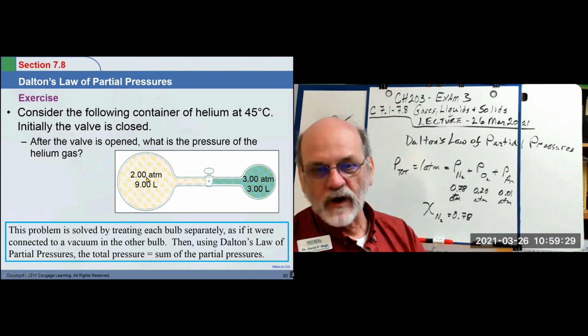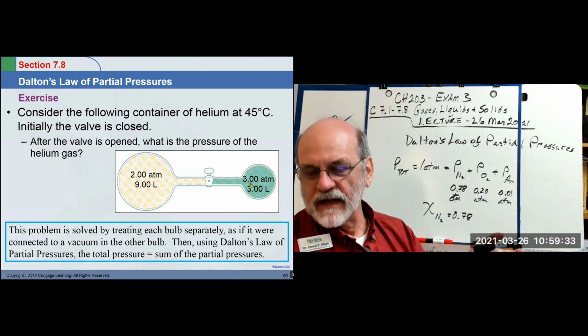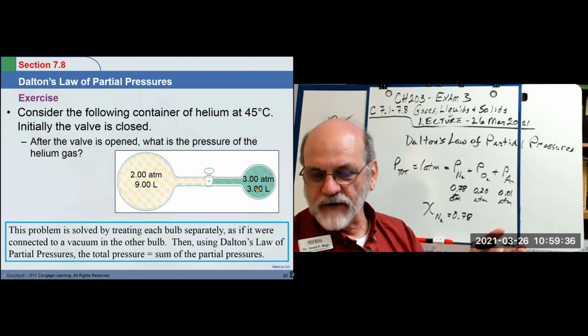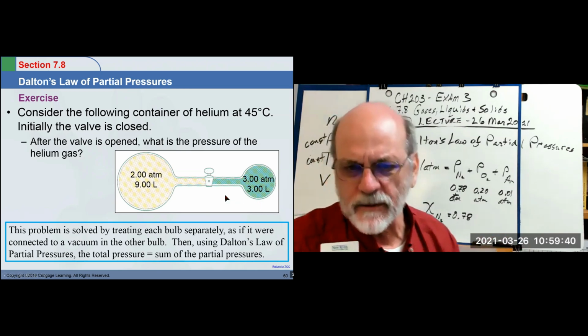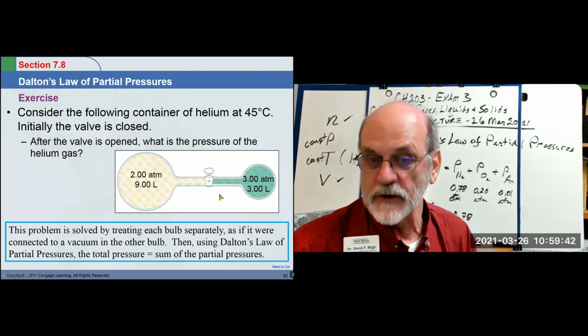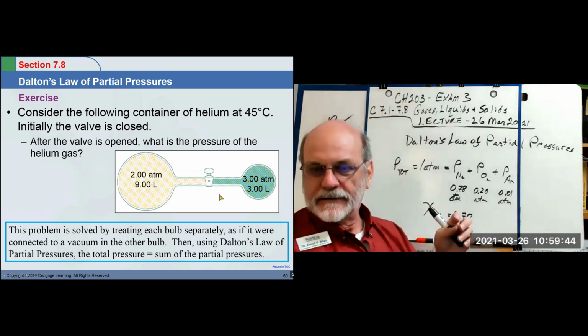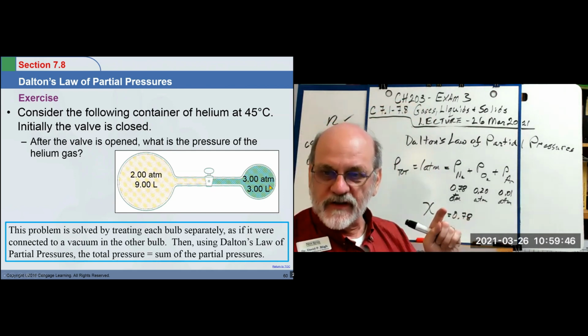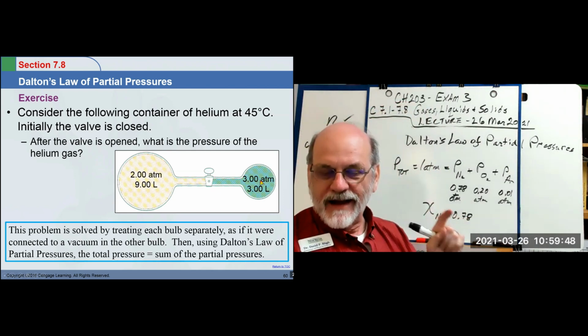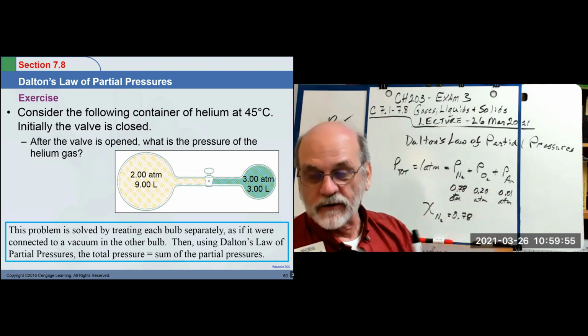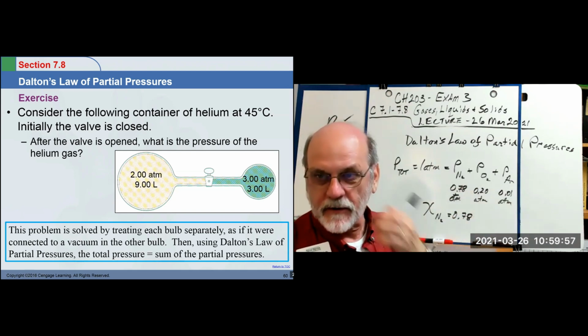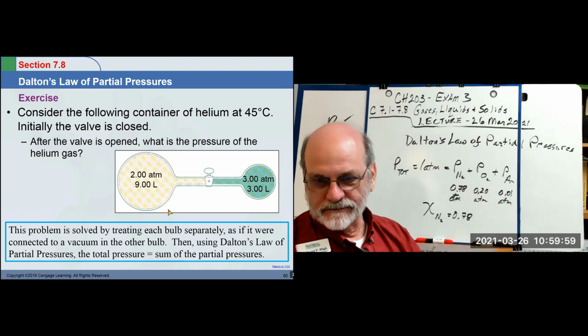Then you say, well, what if this is a vacuum? Open the valve, and this one goes from this volume to a total volume, right? And what's the total volume? It'll be 12 liters for both of them, 3 plus 9. Then you can calculate the partial pressure due to this gas. Now that you have the partial pressure of this one and that one together physically in the same 12-liter volume, add them together, that will be your total.